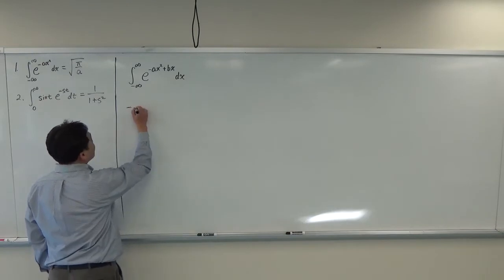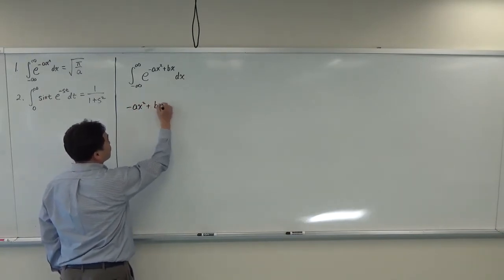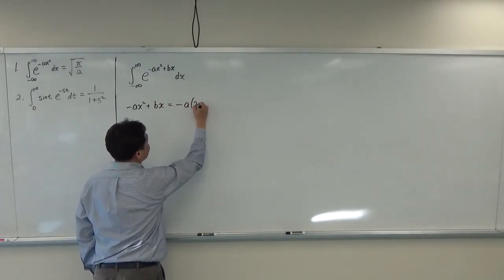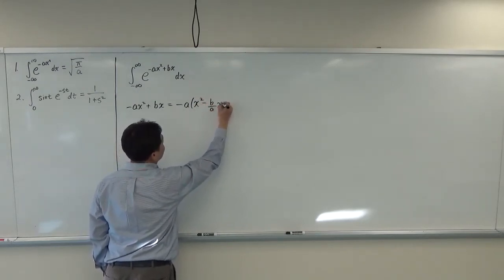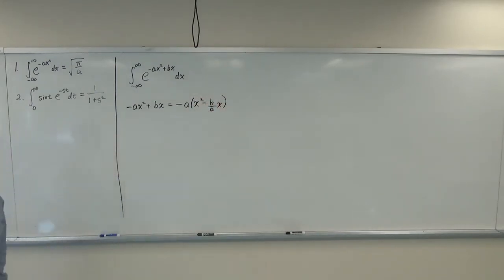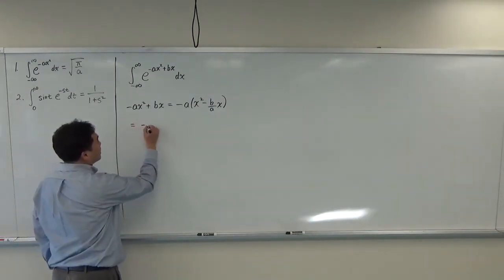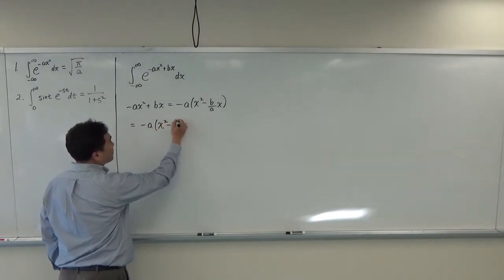So negative ax squared plus b of x. You can first factor out the a. Just like that, okay?